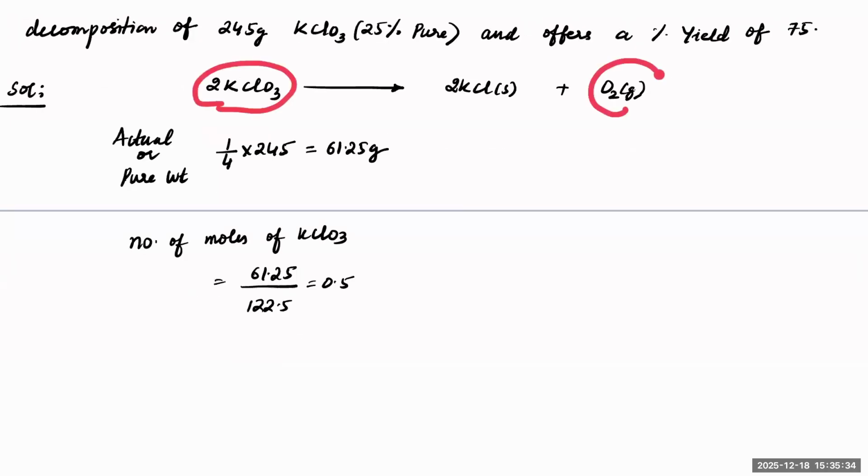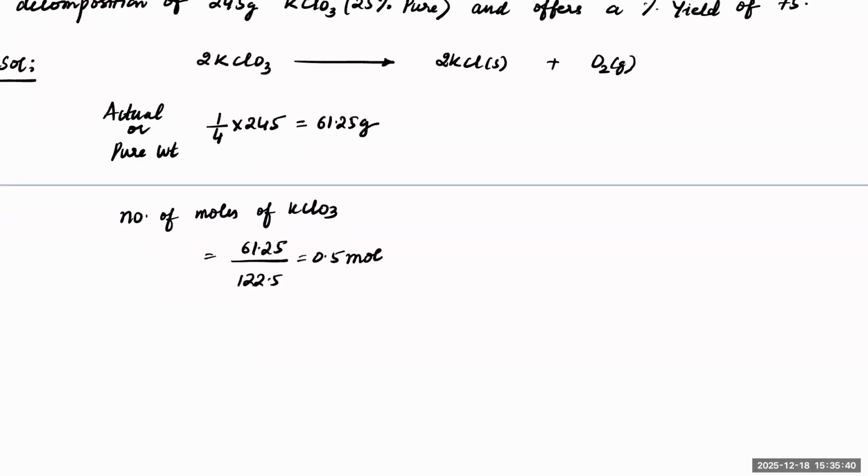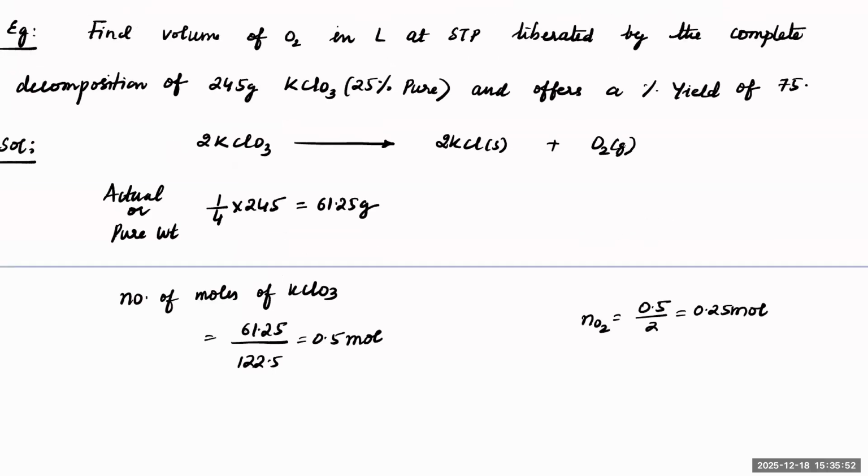So 0.5 moles must produce how much? The number of moles of O2 would be 0.5 by 2, which is 0.25 moles, correct. So this is what you are expected.